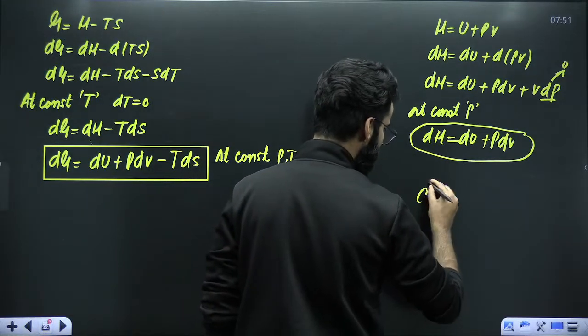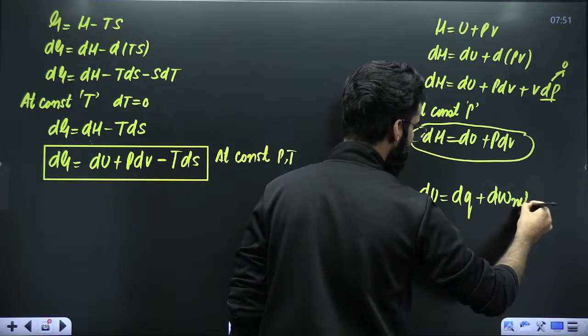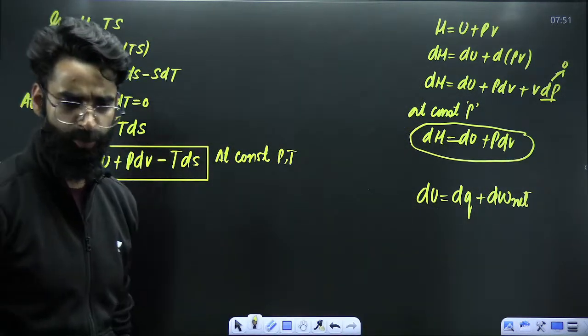Point number 2. As per the first law, dU is equal to dq plus dw. I'll write dw net. dU is equal to dq plus dw, right?